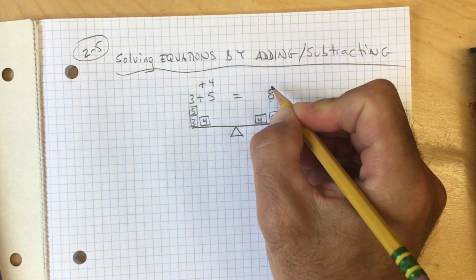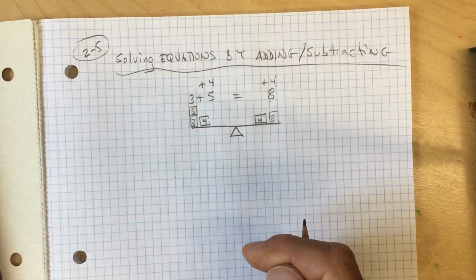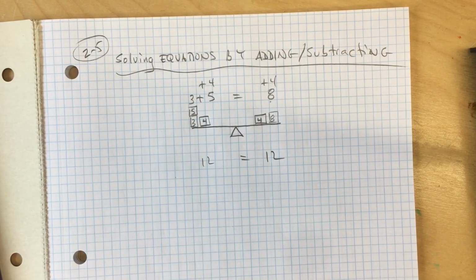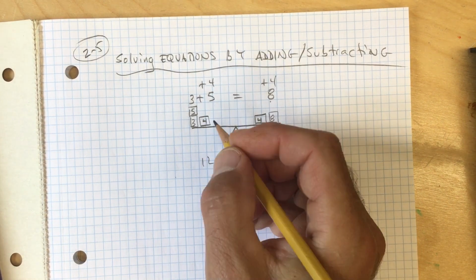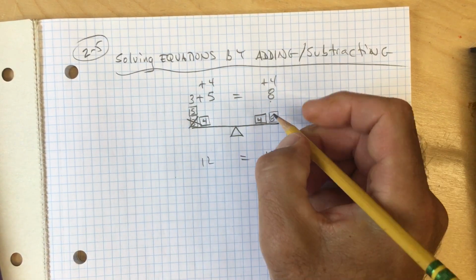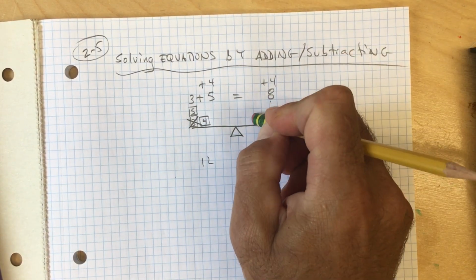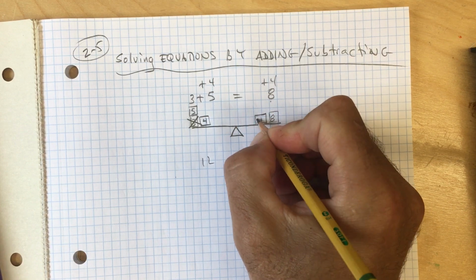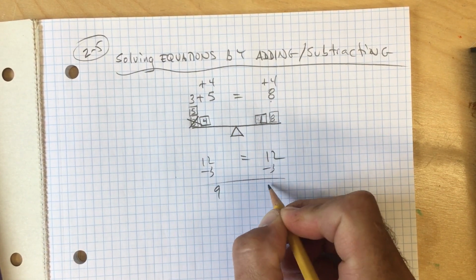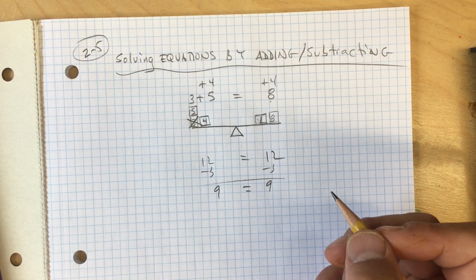So if we were to add the same amount to each side of the equation, it would stay equal or balanced. And similarly, we could take off 3 from each side, and it would stay balanced.